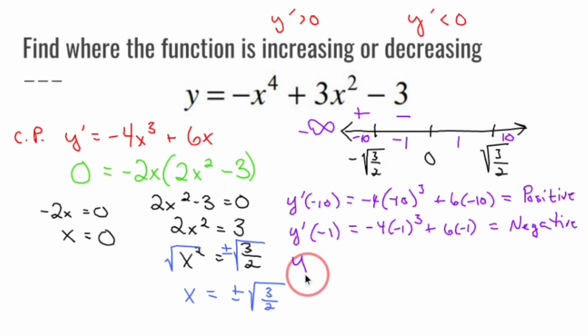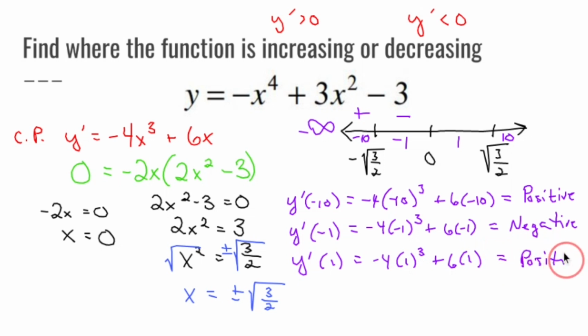Almost there. Y prime of regular 1 is going to be negative 4 times 1 to the third plus 6 times 1. 1 to the third is 1. Negative 4 times it is negative 4. Negative 4 plus 6 is positive. So that tells me that between 0 and root 3 over 2 is going to be an increasing function.